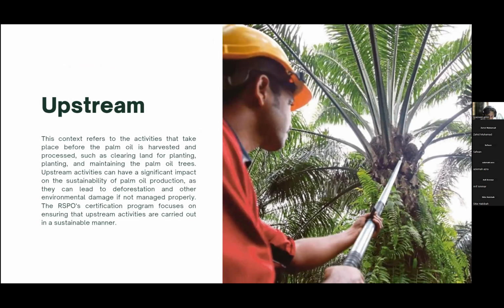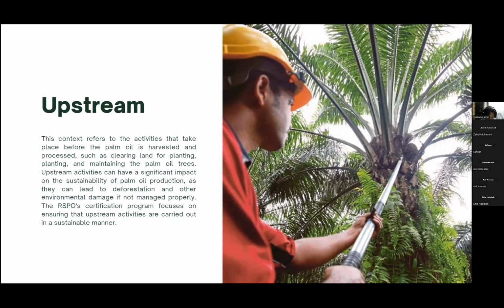Upstream activities can have a significant impact on the sustainability of palm oil production, as they can lead to deforestation and other environmental damage if not managed properly. The RSPO certification program focuses on ensuring that upstream activities are carried out in a sustainable manner.